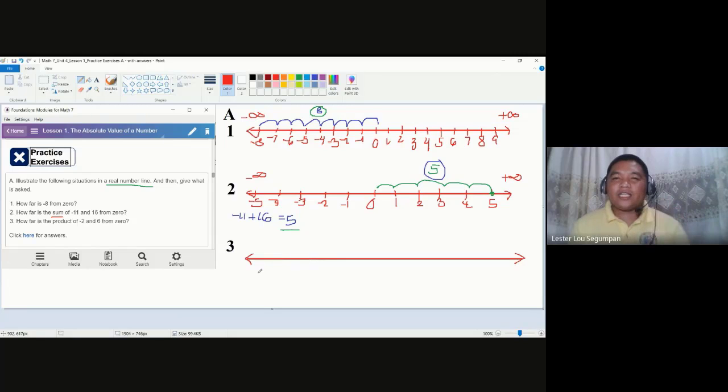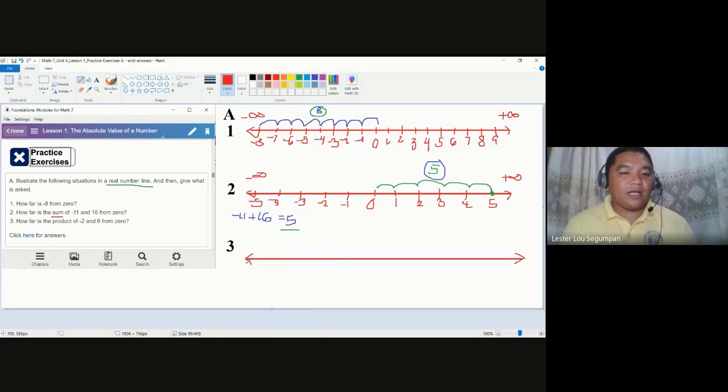If you reach that kind of confusion, you need to always remember that there is one important concept that could actually solve absolute value of a number, and that is the distance on the real number line. So in case you encounter a problem in solving absolute value expressions, you can always go back to the real number line.